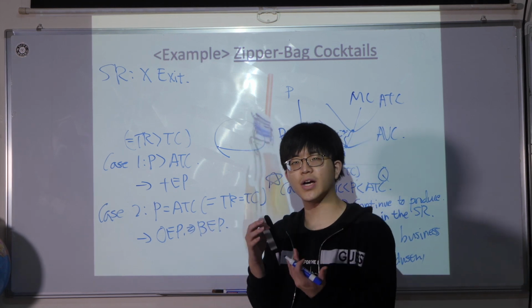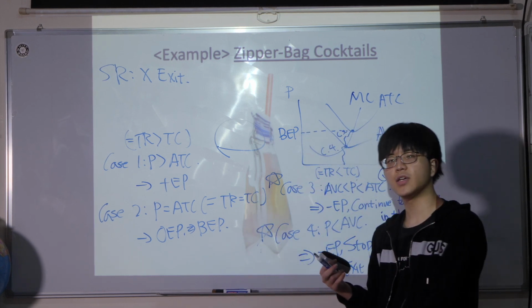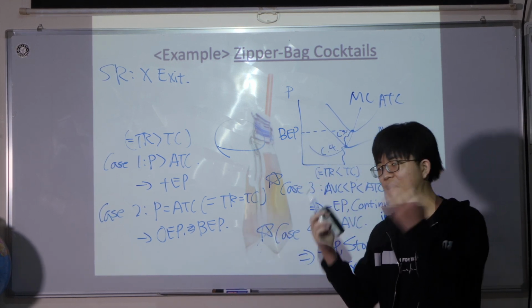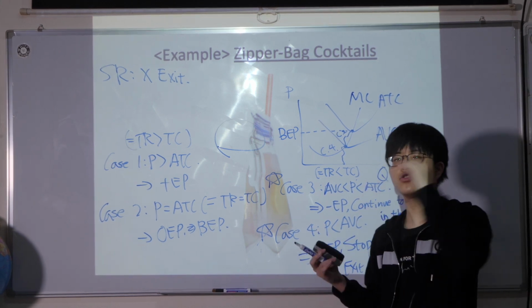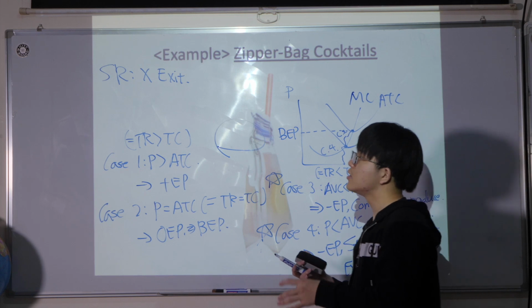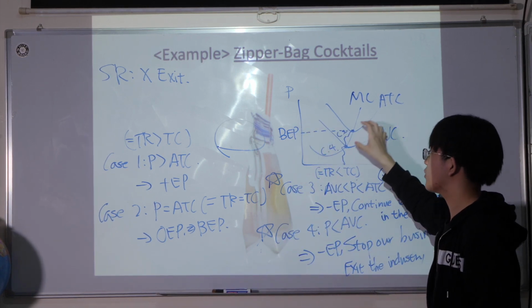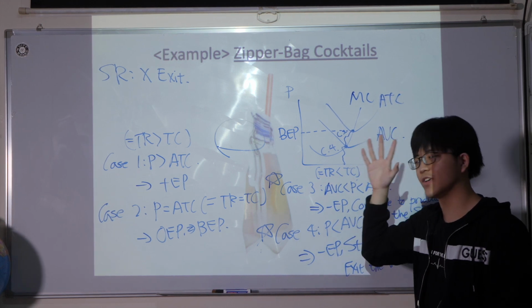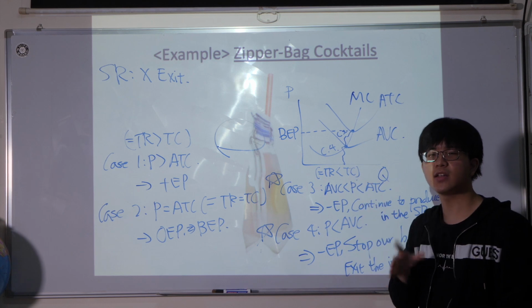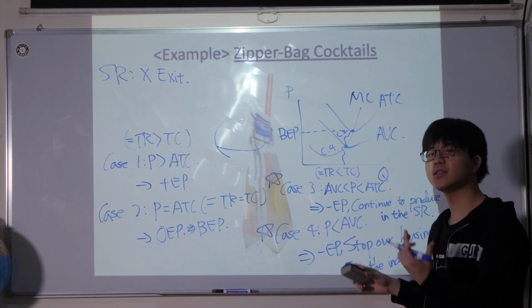So the firm's goal is to maximize the profit, right? So when the firm makes a loss, they need to minimize the loss. Because for case 3, the firm can receive a price that covers the average variable cost and more.